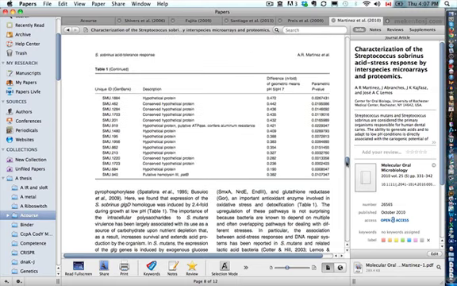I guess I'm not clear what an interspecies microarray is. They're looking at Streptococcus sobrinus here, but all the genes that are upregulated are mutans. So are they taking sobrinus and testing it on a microarray of strep mutans?